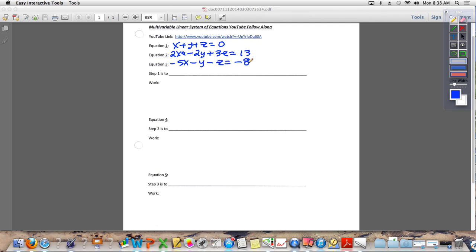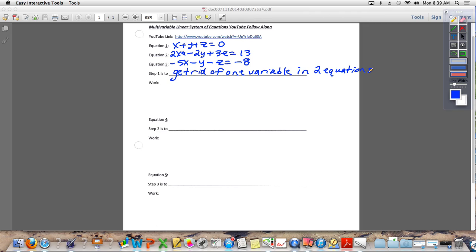So step 1 is to get rid of 1 variable in 2 of the equations. So you have to pick 2 of the equations, and you have to eliminate a variable, just like you did when you were using elimination earlier in the chapter.